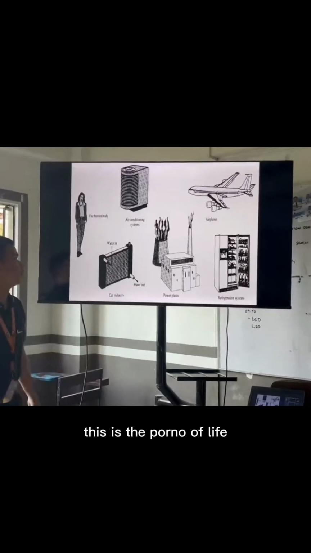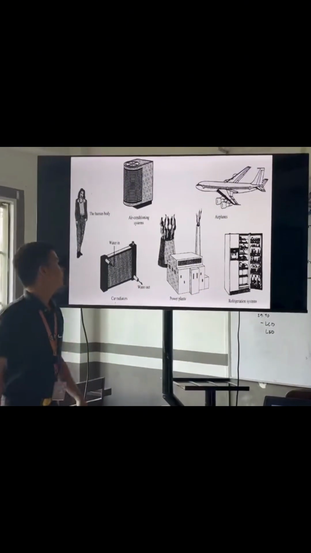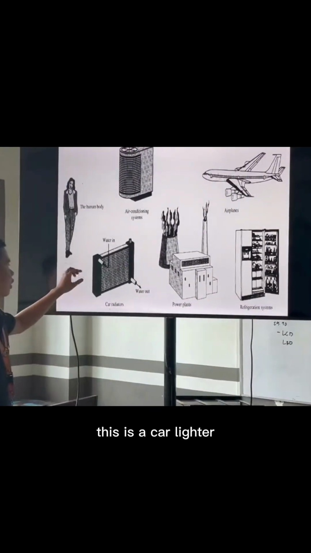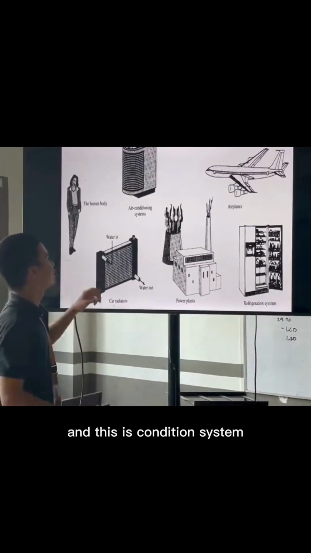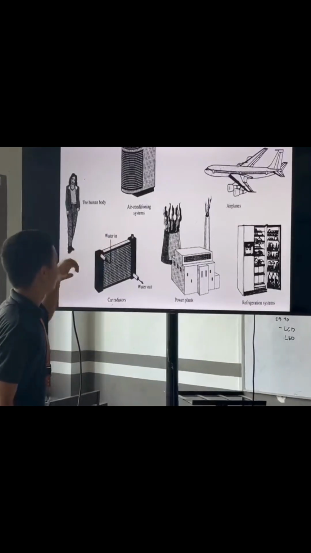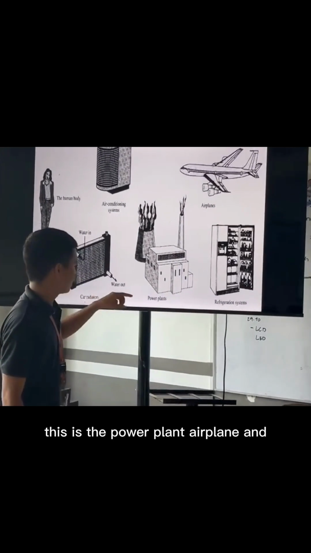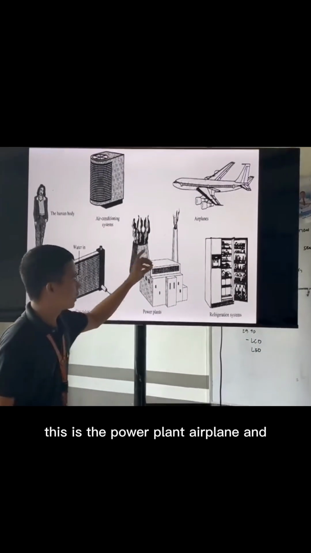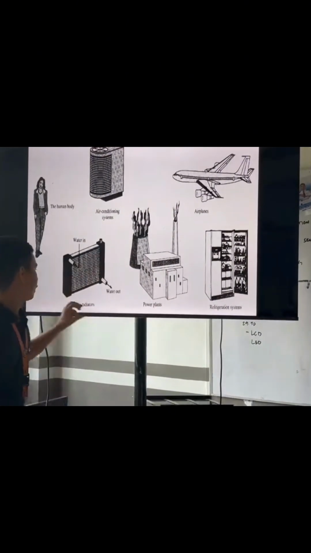This is the cycle line to the right. This is the car engine, and this is the air conditioning system. This is the power plant, airplane, and refrigerator.